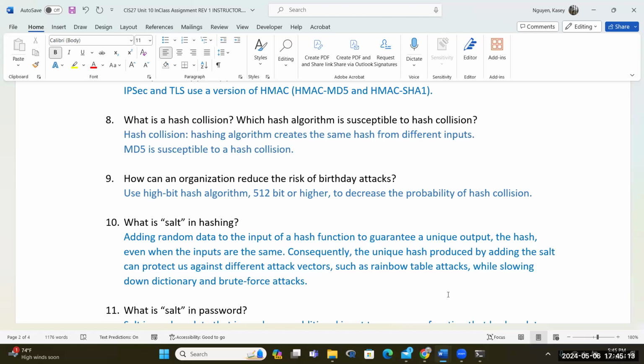And rainbow attack tables can also contain hashes of the password, right? And these tables are shared across many different channels online. And then the dictionary attack is just how good is their dictionary list. The list would contain common words, could be names, right? And you name it. So the longer their list, the more likely chance that they would get a hit on the password if the user has a common word in their password.